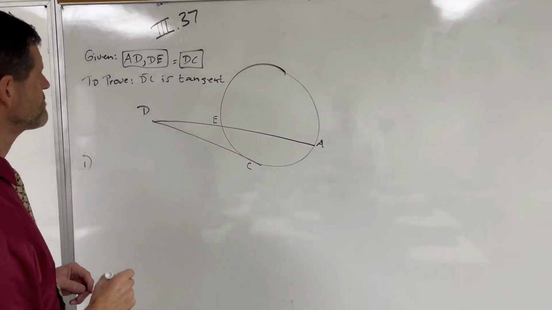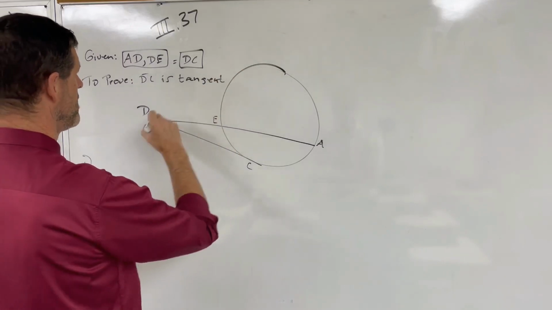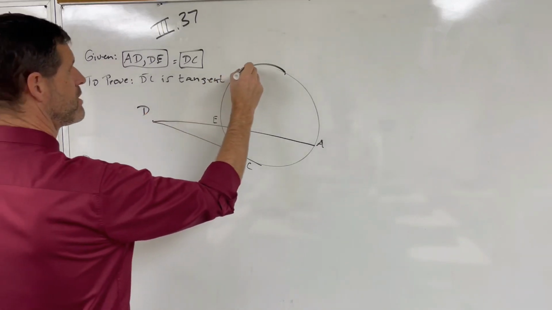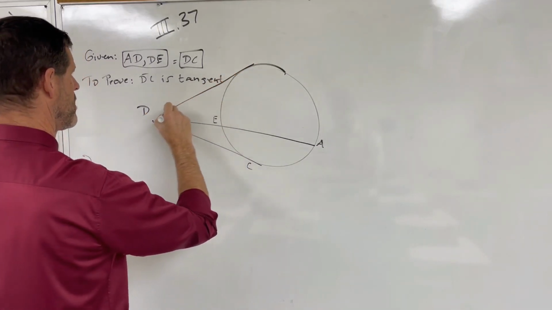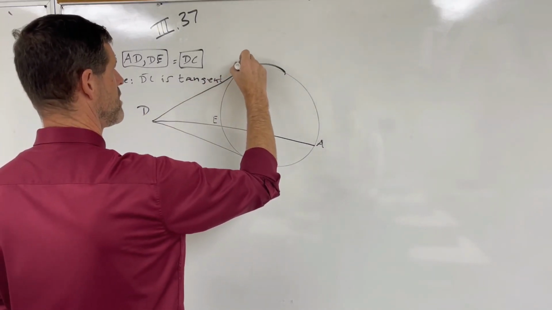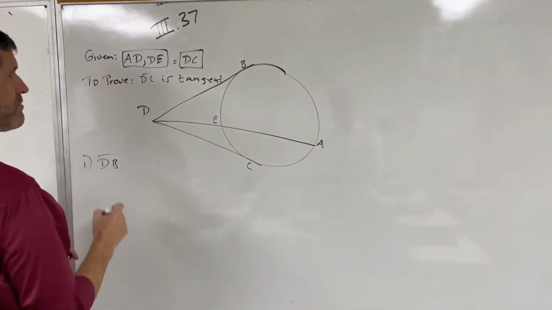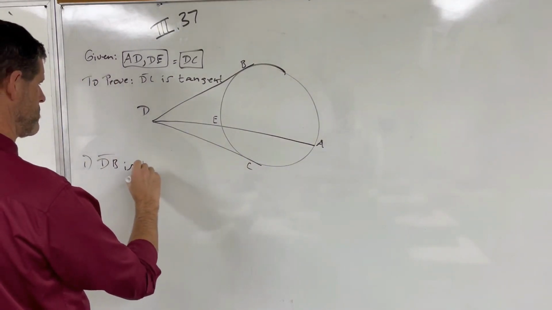Step one. I'm going to draw a line that actually is tangent to the circle. So from, say, this point, B, line DB is tangent.